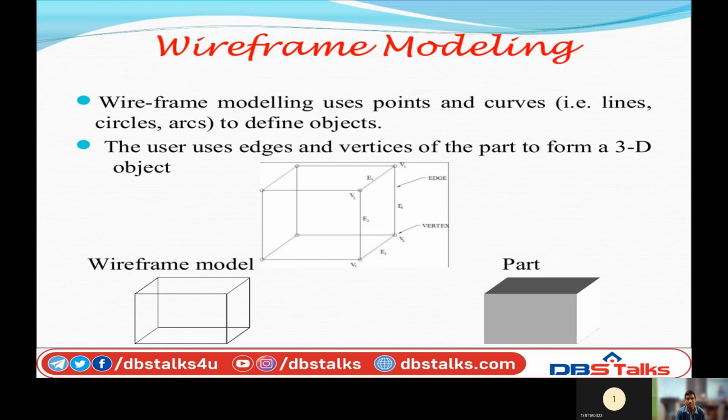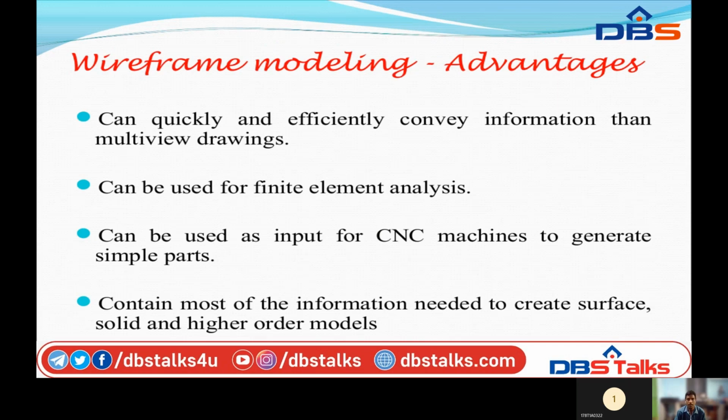Visualization means viewing is very difficult because of the hidden lines included. Here, the left-side figure is the wireframe model, and the right side is the part after finishing the product, shown in solid modeling. The picture is wireframe modeling.